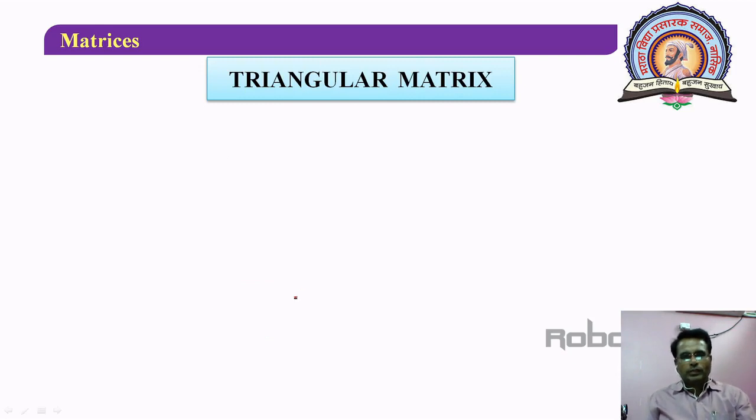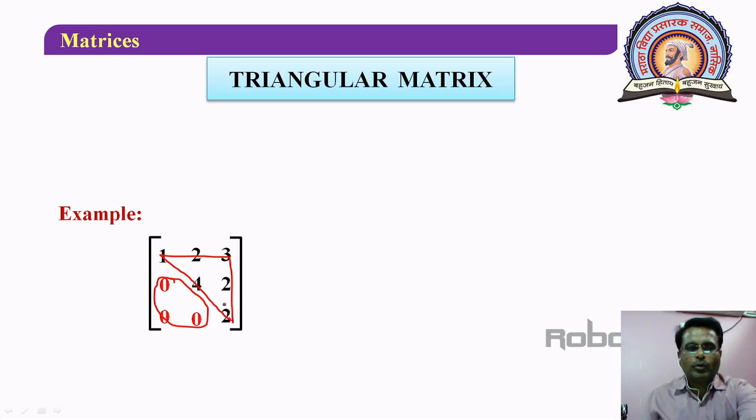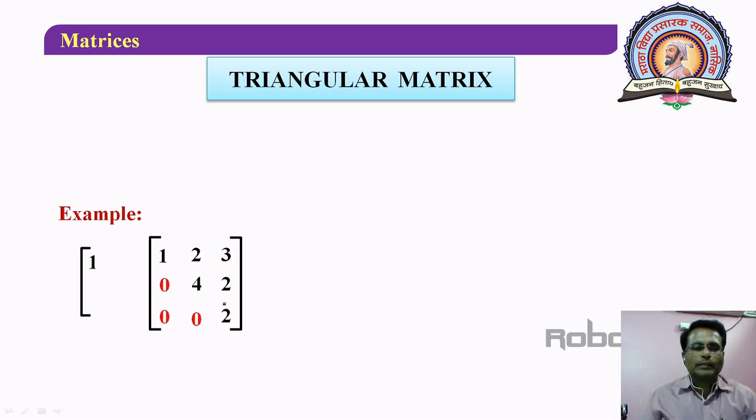Next, we have to consider another type, that is the triangular matrix. With an example, we get it clear. Suppose we consider the matrix 1 2 3, 0 4 2 and 0 0 2. Now, in this matrix, you will observe that this is your main diagonal and all the elements below the diagonal are 0, and elements exist only in the upper triangle, isn't it? Or suppose another example: 1 2, 0 3.